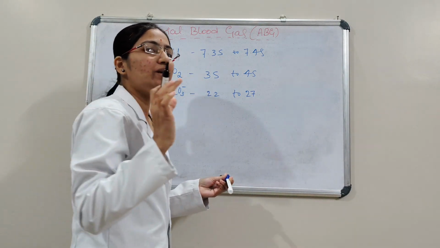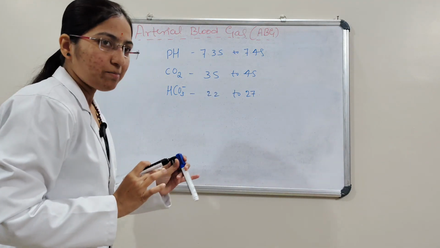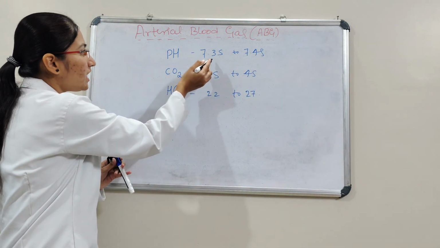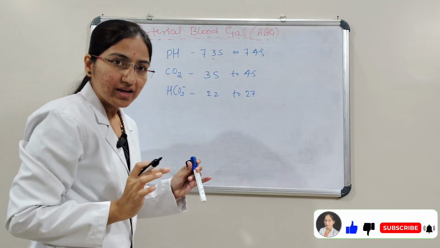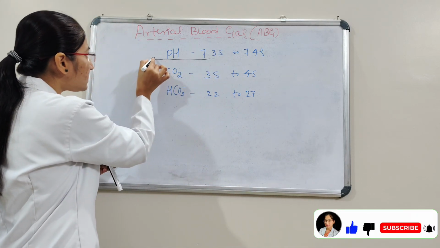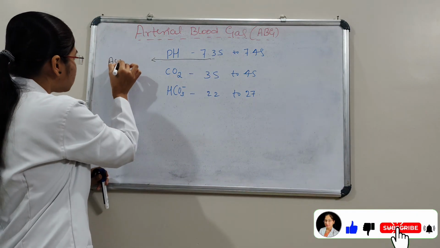Always keep this in mind. Here, when pH decreases to less than 7.35, the condition is called acidosis.